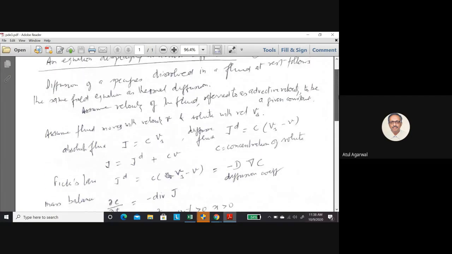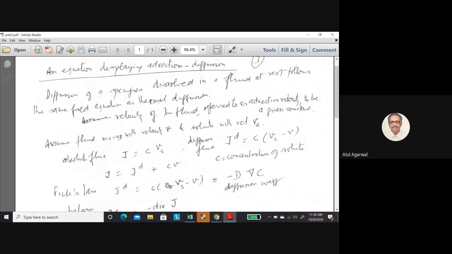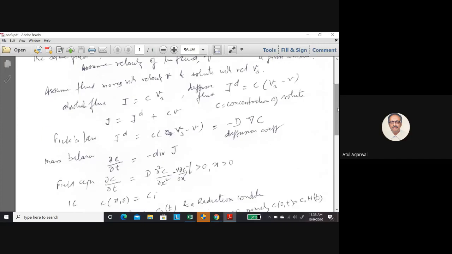That is called advection, when things are moving because of fluid motion. You know about convection and advection. In heat transfer you talk of convection; here you call it advection.